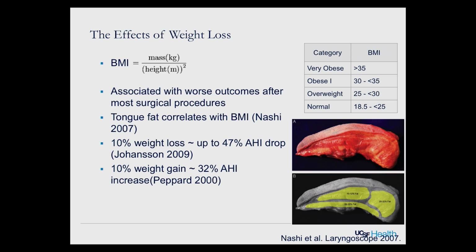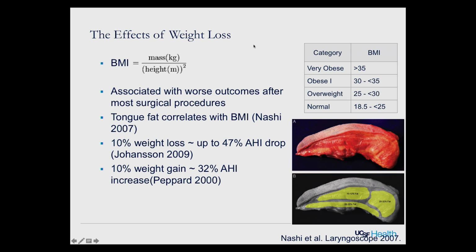So to talk about weight loss, we look at BMI, which is the body mass index. That's how it's calculated, and it's graded into a normal range, overweight range, obese, and very obese. Surgery, which is something I counsel people on, just doesn't work that well for those who are obese.